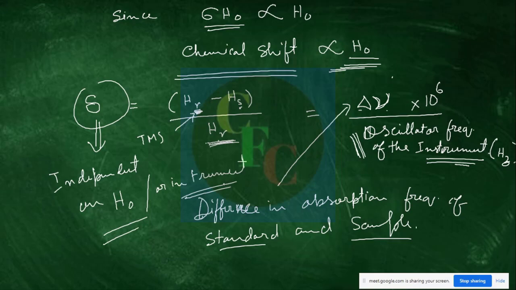So in today's lecture, we learned why NMR is important, what the basic theory behind it is, and how sensitive it is. We also learned about the chemical shift and ultimately delta, and in between we learned why we are using a standard to overcome the difficulty in measuring H0 and nu, and why TMS is frequently used as a standard.